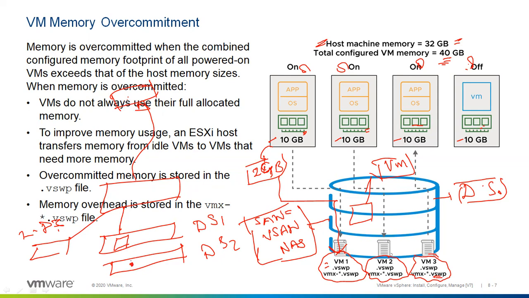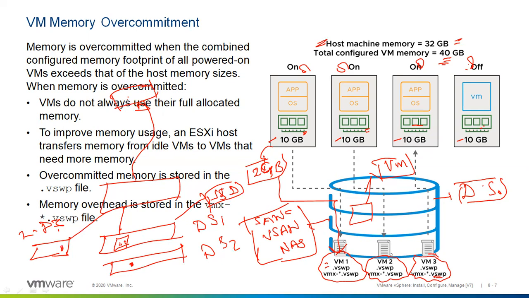It could be a remote data store, or it could be a local data store available on each and every ESXi host. Normally, the best practice recommendation is that swap is created on the same data store where my VM folder is allocated, and prefer to keep it on an SSD drive, an underlying flash drive, so that faster access can happen for the memory pages.